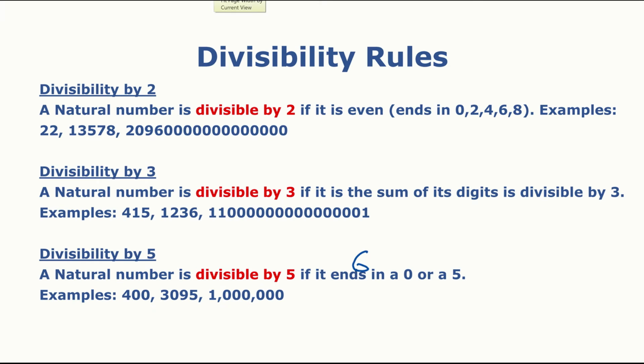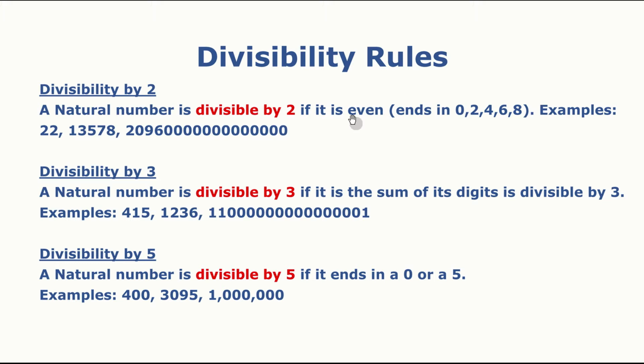Next, we need to understand the notion of divisibility rules, and the three most significant ones that we'll be dealing with are divisibility by 2, by 3, and by 5. Okay, and the rules are pretty simple. The divisibility rule for 2 is that a natural number is divisible by 2 if it is even.